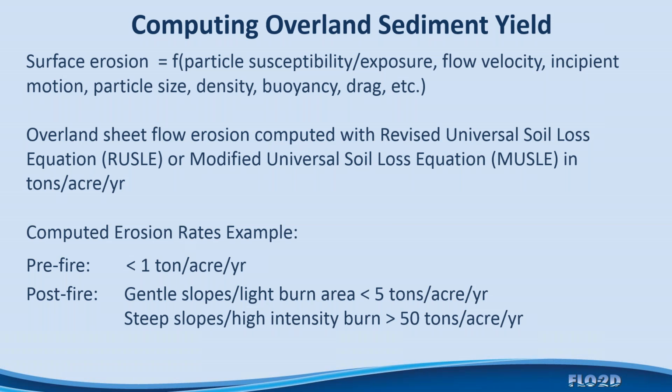Typically, this is more of a back of the envelope type of calculation. The overland sediment yield is considered as sheet flow erosion, and is computed or estimated with the revised universal soil loss equation or modified soil loss equation.